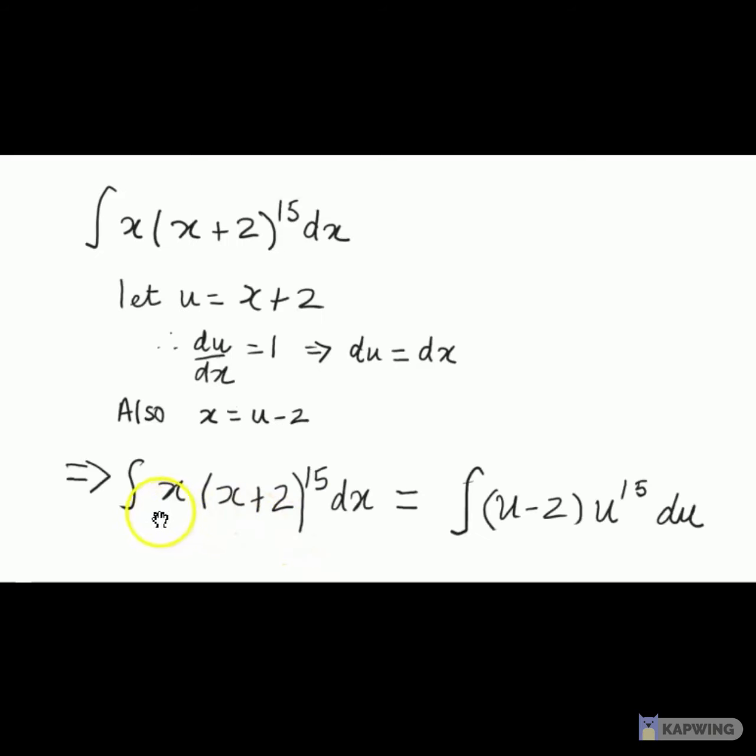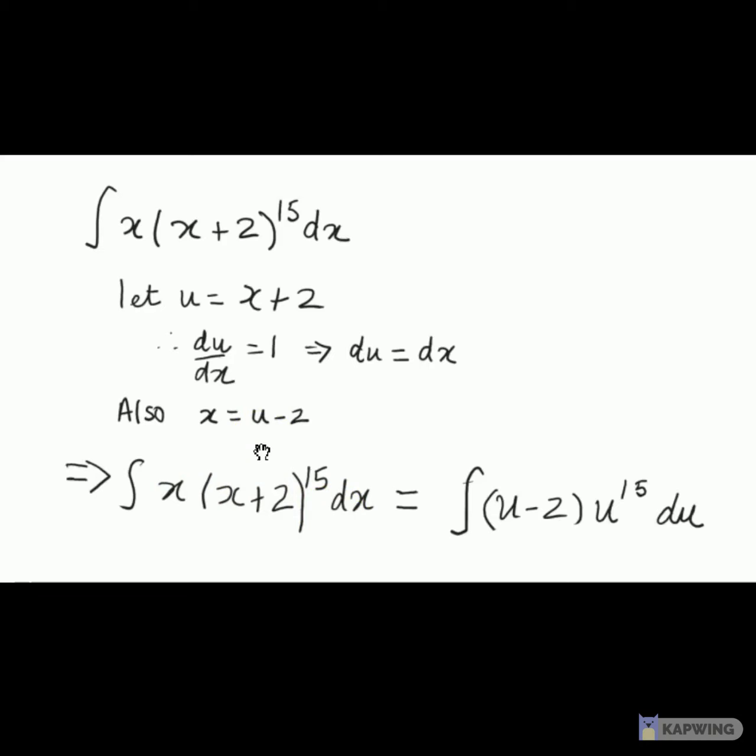With all this information now, we are going to make this substitution inside here. This is what I've written here on the left. So x dx becomes (u minus 2) du. See that? dx is really equal to du. There are some steps involved.